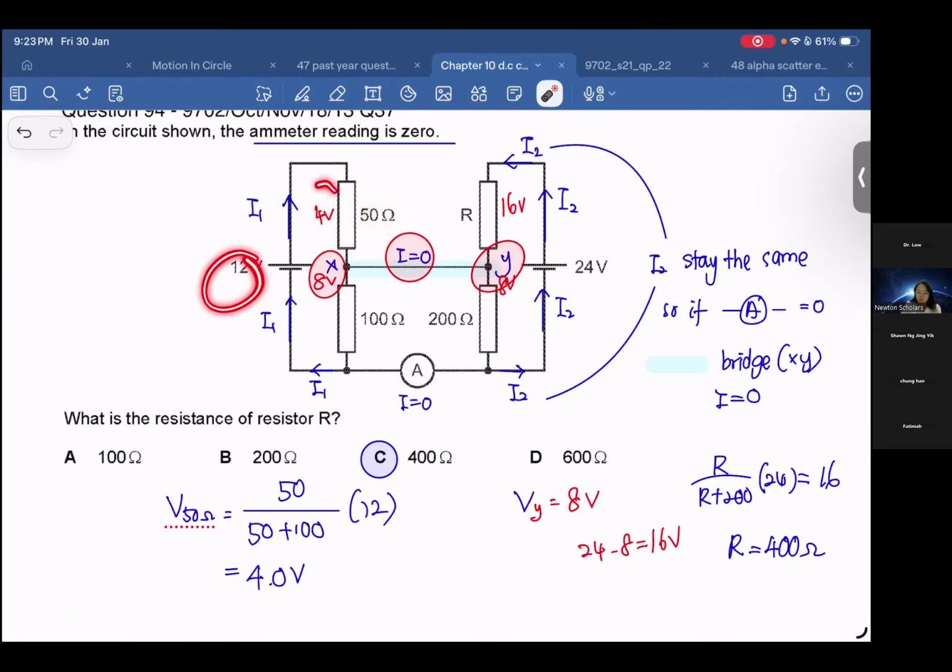So 12 volt minus 4 volt because it dropped, so I know this point is 8 volt. 0 current means here also 8 volt. 24 volt moves in this way, drops certain voltage and leaves 8 volt, so you use 24 minus 8. So I know that resistance R receives 16 volt, and you use the potential divider to find R. This is the concept I want to tell you about. Is that clear?